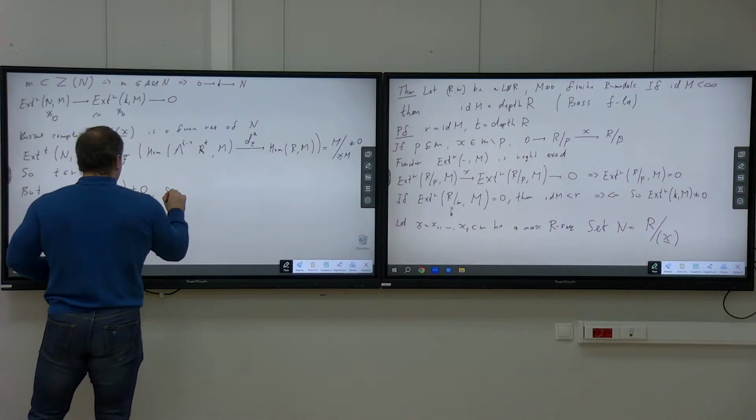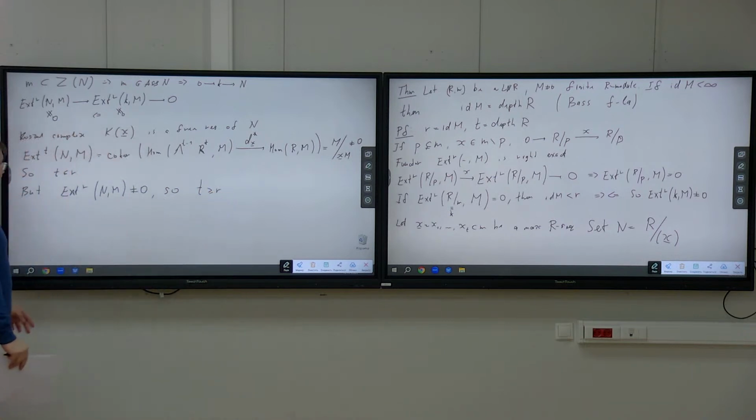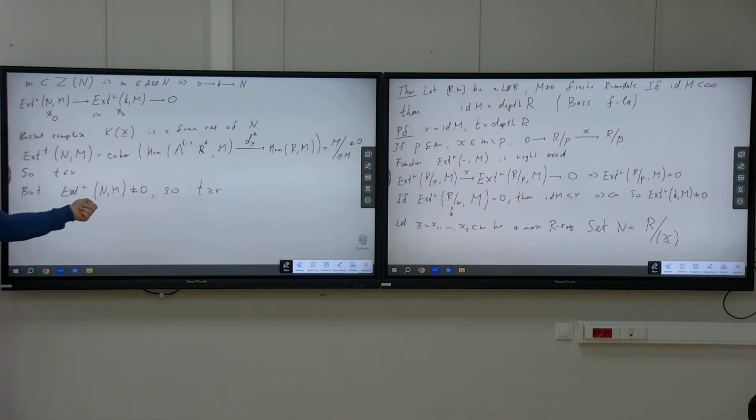So, t is at least r. I know that this Ext with the index r is not 0, but I want to compute this Ext using the Koszul resolution of N. And if I don't have enough t's to get the complex of the right length, I'll automatically get 0 because there's nothing in the complex, nothing in the resolution. So it means that in the complex, I need at least r terms to get this Ext not 0.